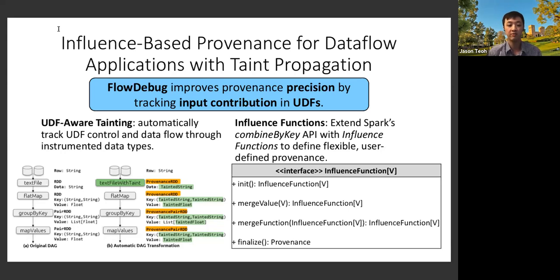On the right-hand side, we have our alternate approach to UDF overtainting, which is influence functions. Our influence functions API is designed to be very fine-grained, or very flexible, with respect to how provenance is captured.